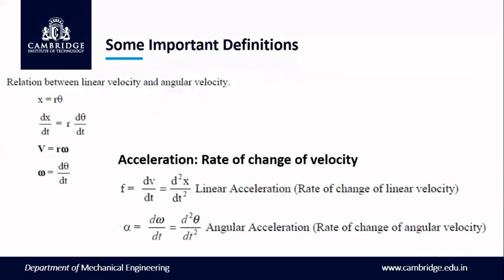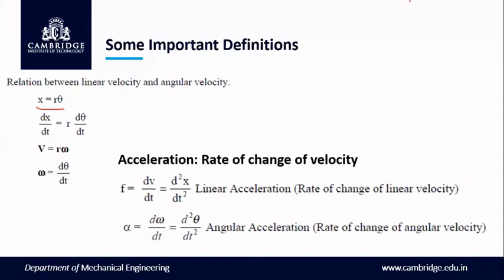The relation between linear velocity and angular velocity is x is equal to r theta. We can convert the angular displacement into linear displacement using this formula x is equal to r theta. If we differentiate both the sides with respect to time, so dx by dt is equal to r times d theta by dt.